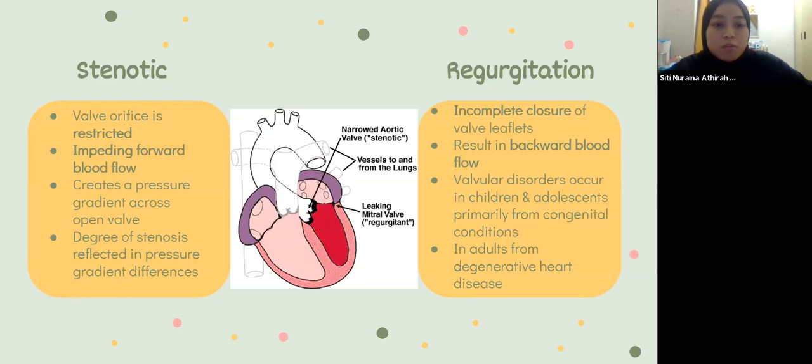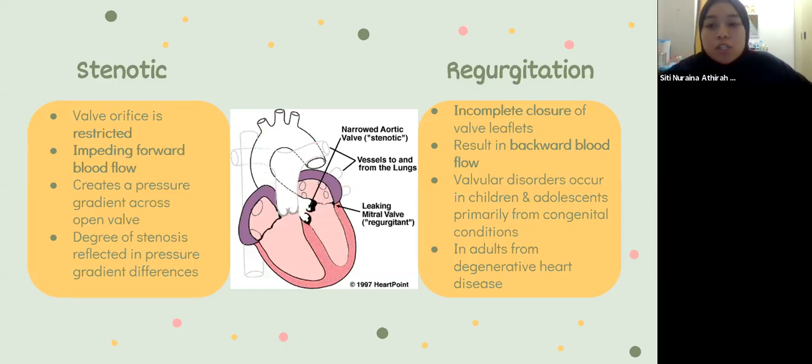So it will create a pressure gradient across the open valve. Thus, the degree of stenosis is reflected in the pressure gradient differences. Okay, if you can see the GIF, during the systole, the narrowed aortic valve will need more pressure to push the blood out from the left ventricle.